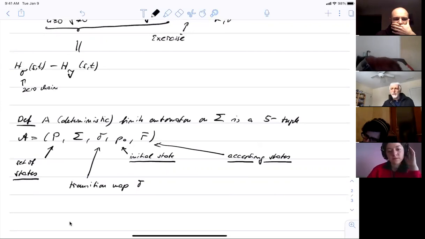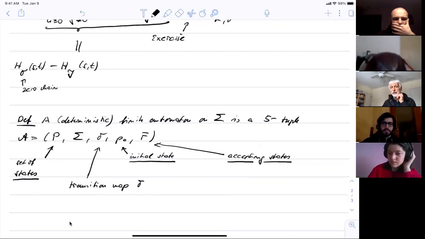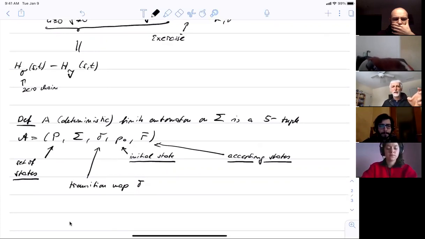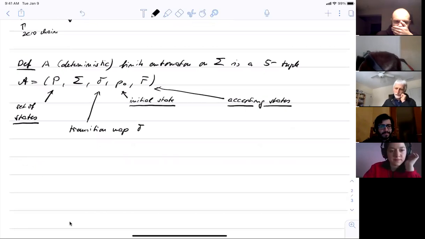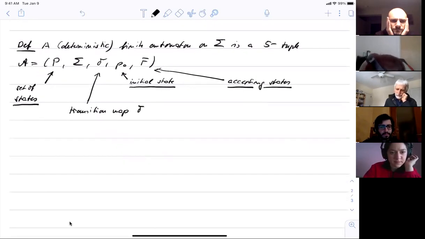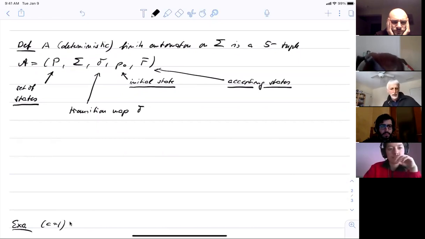Maybe I should say before this, these are lots of symbols. So what one can do, and what you will do, is always describe such an automaton by a cartoon. So let's do an example to illustrate this, with our alphabet where C is 1. So instead of zeta 1, I just write zeta.